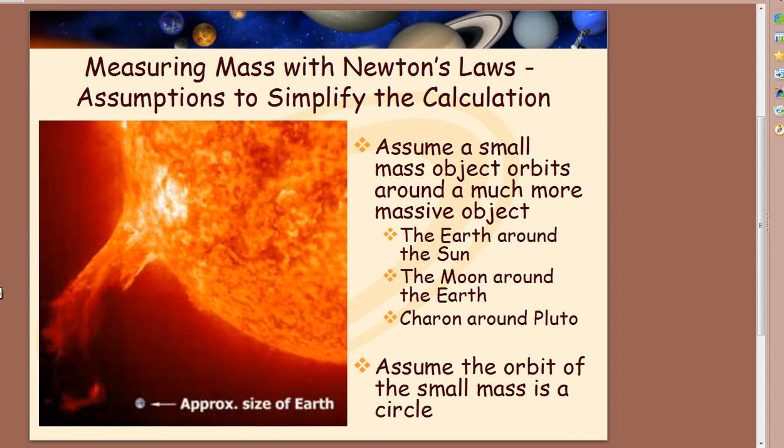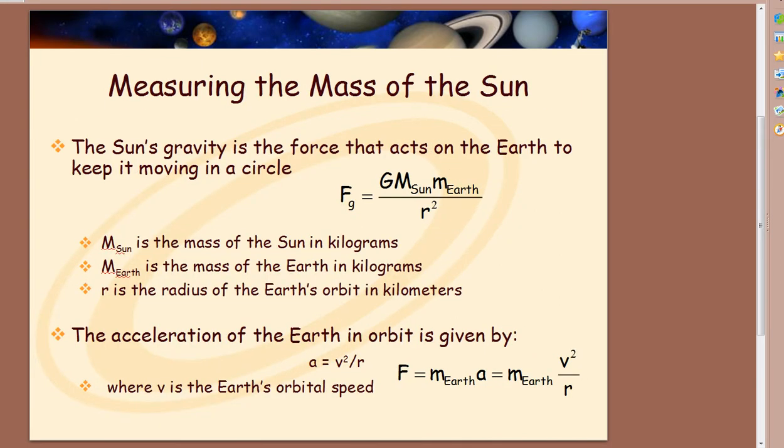So Kepler's third law really only works for things like the Earth around the sun, the moon around the Earth, Charon around Pluto. So you want to find the mass of the object that's being orbited. Like the Earth, you would use the sun. In this case, they're finding the mass of the sun using the Earth, because Earth is a satellite of the sun.